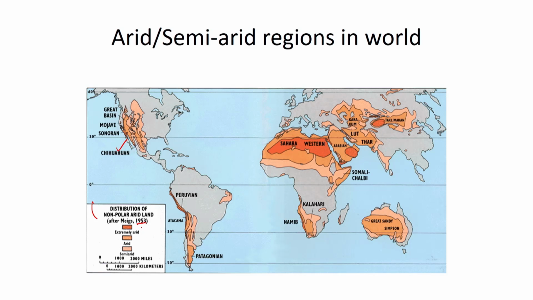The yellowish and slightly reddish areas tell us these are extremely arid. Then the dark yellow is arid, and the pale yellow represents the semi-arid regions.